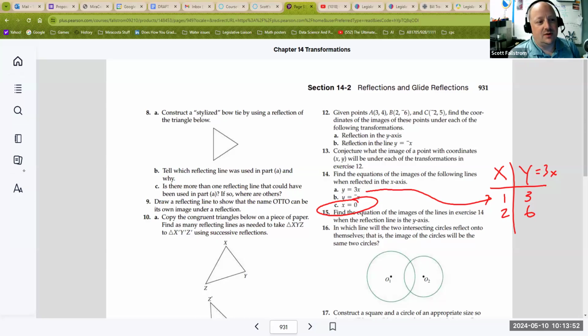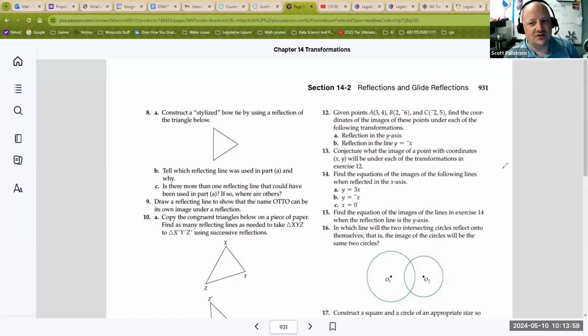And I just want to remind you what that means in mathematics: if there is no variable, then there is no restriction. So you could still do this same type of table, pick whatever you want for y. Let's just say we pick y equals 1, and then what is x? And x is 0.